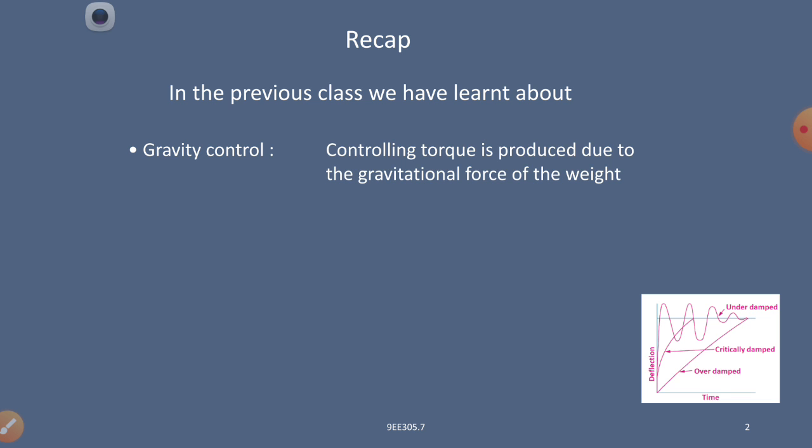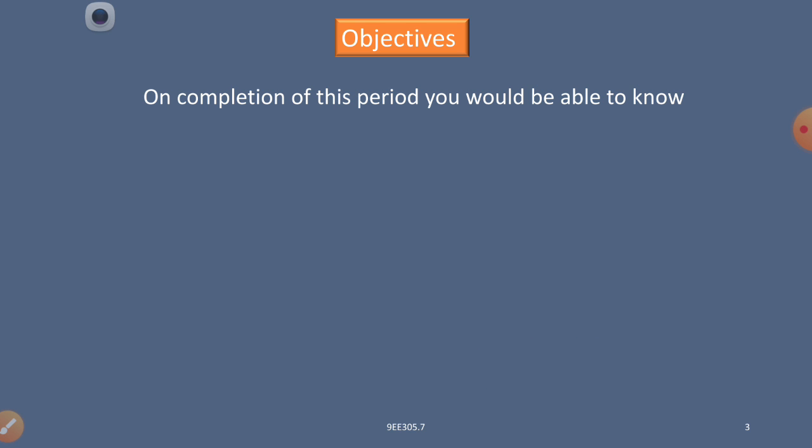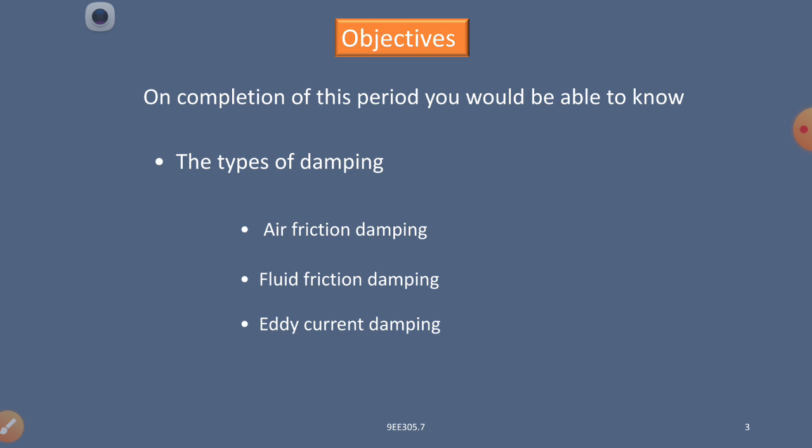These we have seen already. Okay, let us enter our subject. Overdamped we have already seen. Now on completion of this period, you would be able to know the types of damping, that is air friction damping, fluid friction damping and eddy current damping.